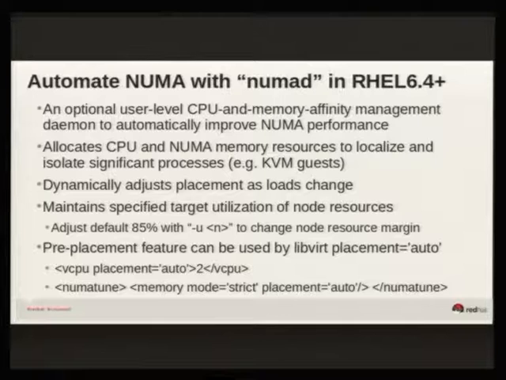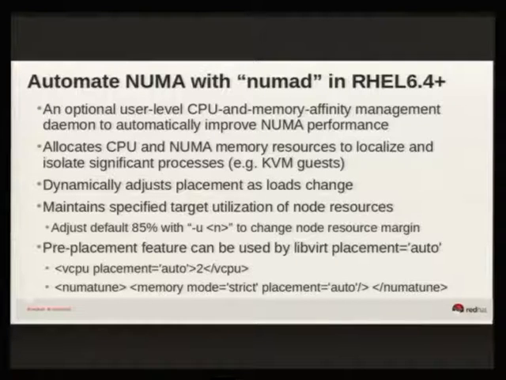The other thing I wanted to talk about is that as far as NUMA tuning is concerned, there are 4 different solutions. Actually, you can just not do anything about it and let the cards fall where they may. In earlier versions of Red Hat Enterprise Linux, we had a user space utility called NumaD.